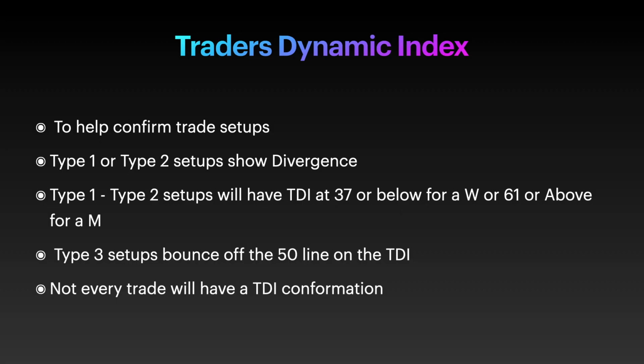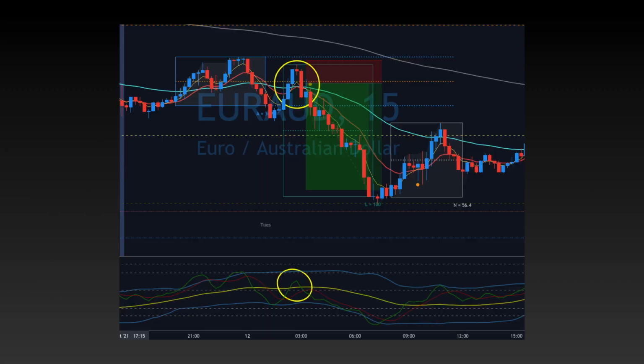So what does all this stuff look like on a real chart with actual real patterns? Well, here's one. Here's the type 3 setup. Okay, you can see the star pattern on the price chart. You see the entry on the pullback, right? Now look at the TDI.